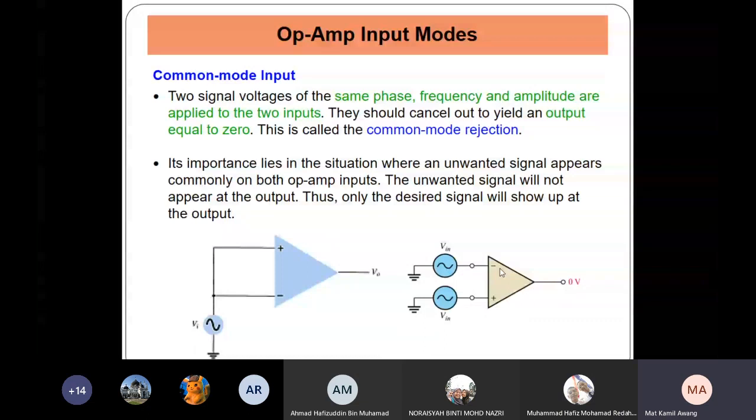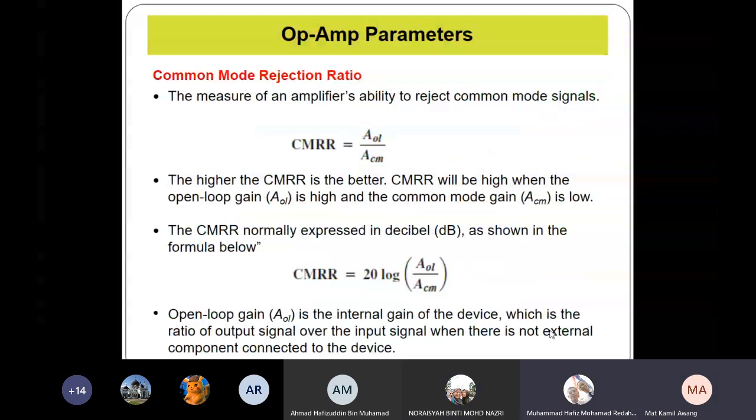But in the practical case, sometimes the unwanted signal will pass through, because it depends on how high the common mode rejection ratio is. What is the common mode rejection ratio? It is the measure of an amplifier's ability to reject common mode signals.